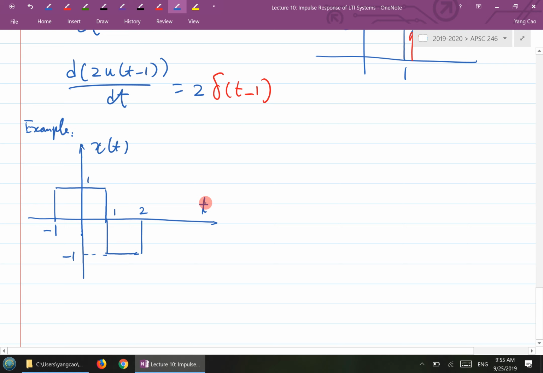If you have a piecewise function x of t that goes like that, the next question is, what will be the derivative of this function x of t with respect to t?